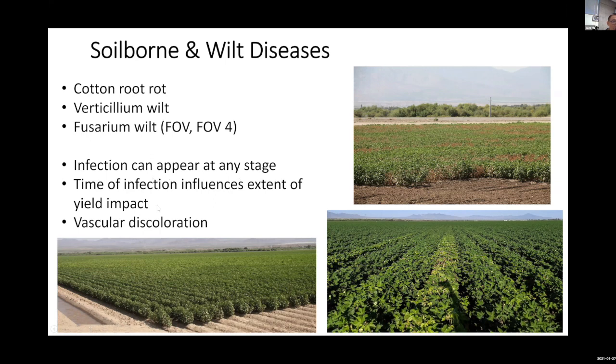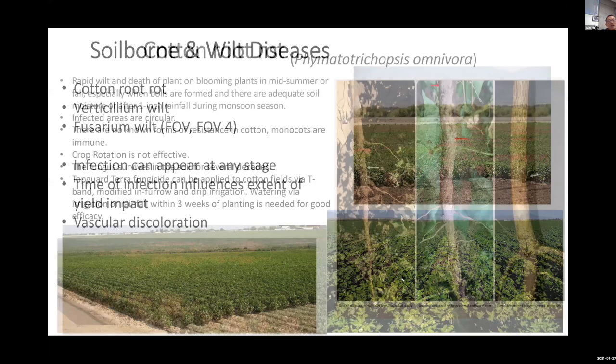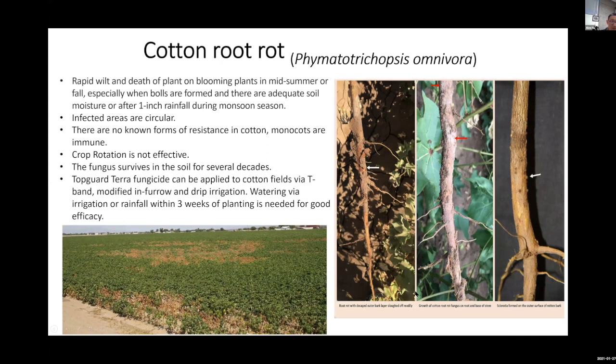Normally, with those soil-borne diseases, infection can appear at any stage, and the time of infection is really important. It will significantly impact the extent of the yield losses, and fusarium wilt and verticillium wilt have a very characteristic vascular discoloration. I'm not going to spend time talking about Texas root rot.